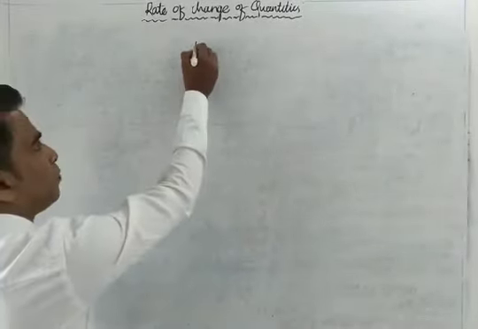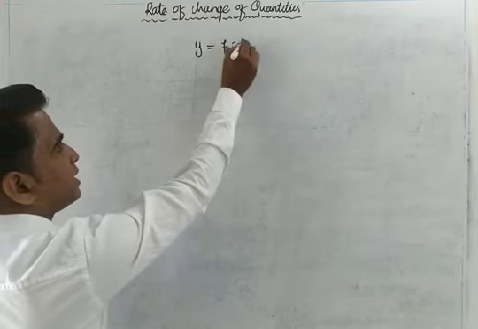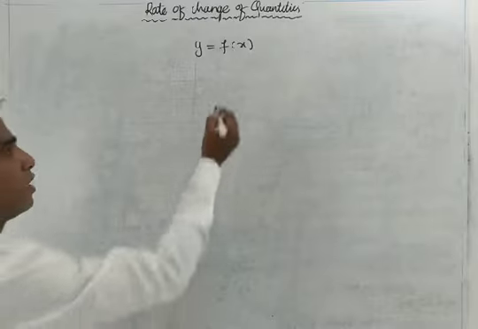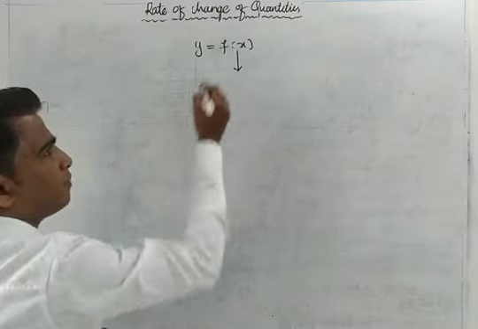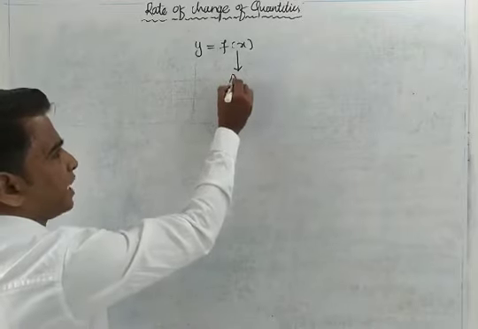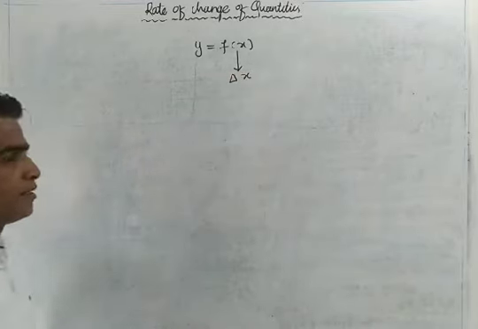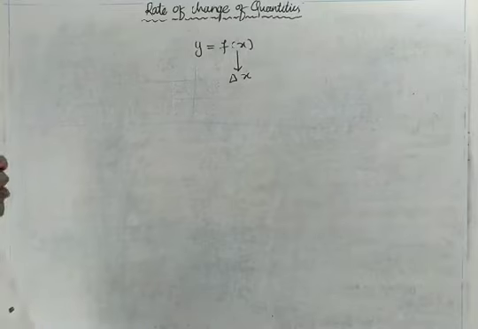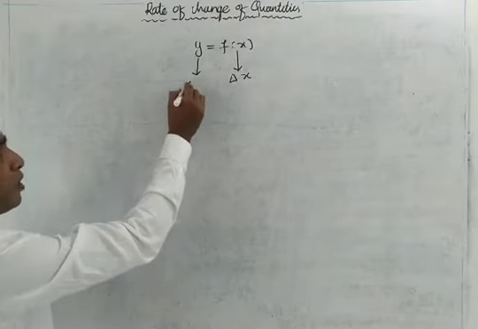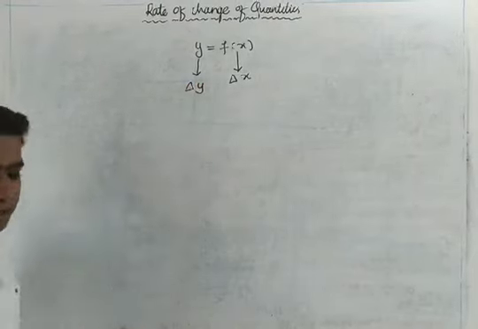Suppose that y is equal to f of x is any function with the variable x. For variable x we choose a small change in x, that is delta x. Similarly, the corresponding change in y will be assumed as delta y.